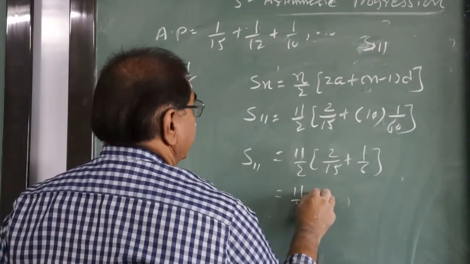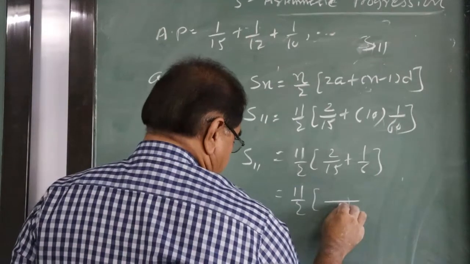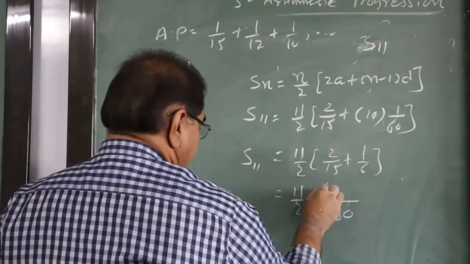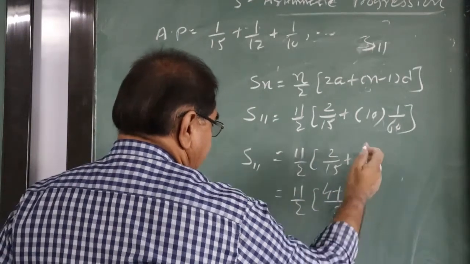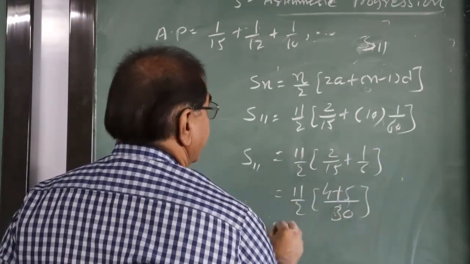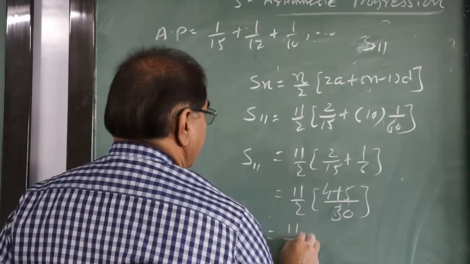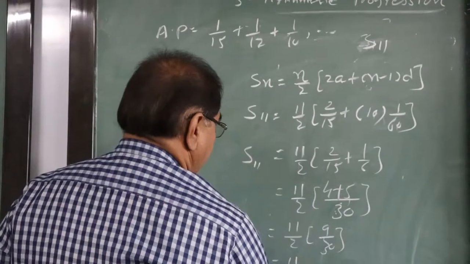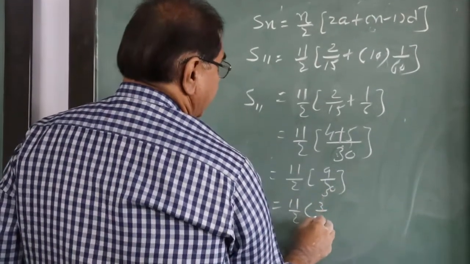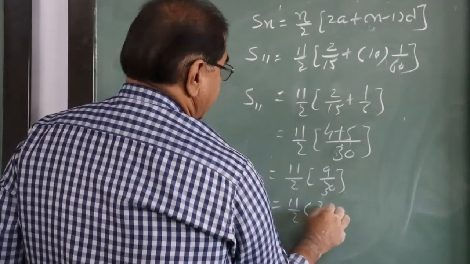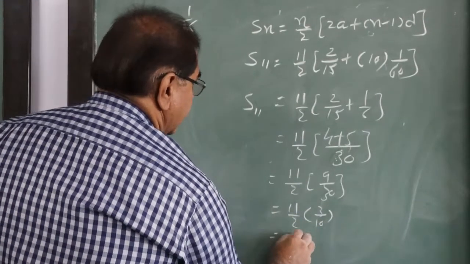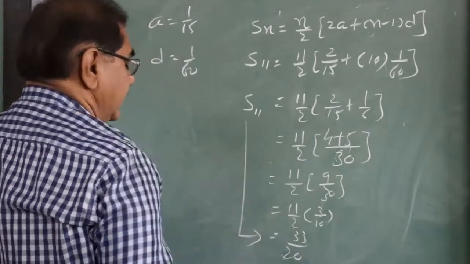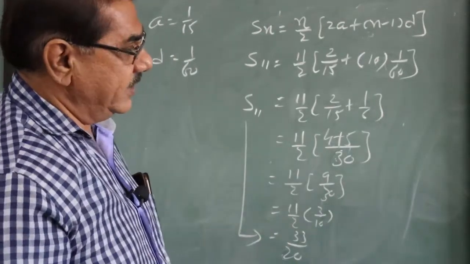So, 11 upon 2 into bracket, again 30 is the LCM, 15 2s are 30, so 2 2s are 4, 6 5s are 30, so 5 1s are 5. So, it is 11 upon 2 into bracket 9 upon 30, that is 11 upon 2 into 3 3s are 9 and 10 3s are 30. So, 11 3s are 33 and 10 2s are 20. So, S11 is equal to 33 upon 20.